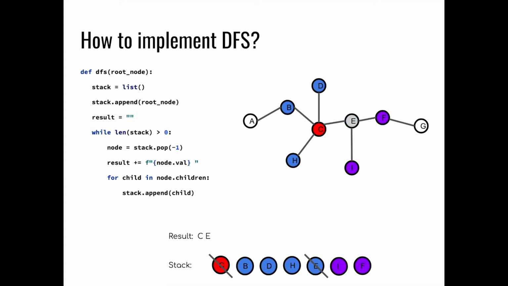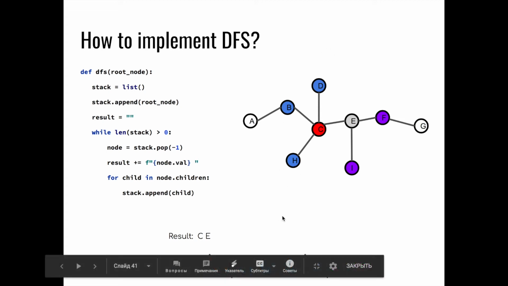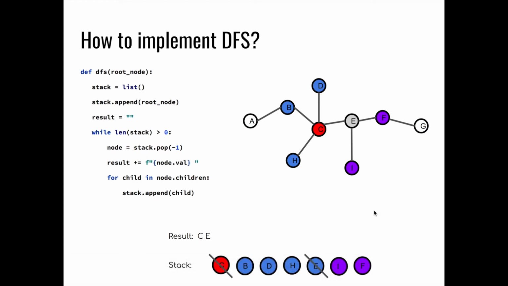Okay, and again we added children to the end of our list. And since it's a stack, we need to remove items also from the end of our list. And we can see all the blue nodes are still waiting in the stack until we finish visiting all the paths which go through the E node.